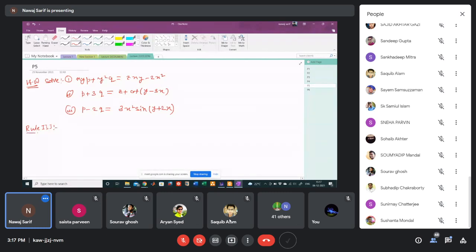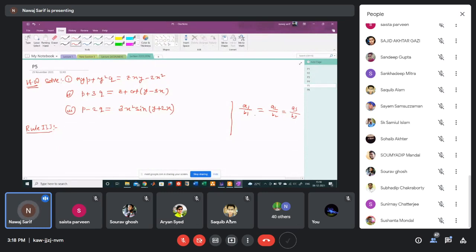Okay, so just see, if you are given, for example, a1 by b1 equals to a2 by b2 equals to a3 by b3. Okay, this is given.